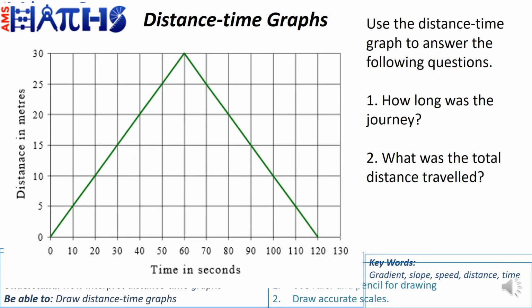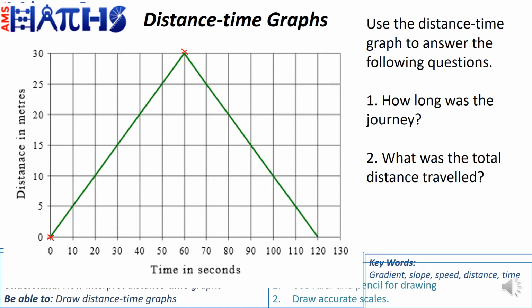Here's another distance time graph example. We need to use the distance time graph to answer the following questions. It says, how long was the journey? So we need to see how much time it took for the journey. We would have started here, at our starting point, and we'd have traveled to this distance.